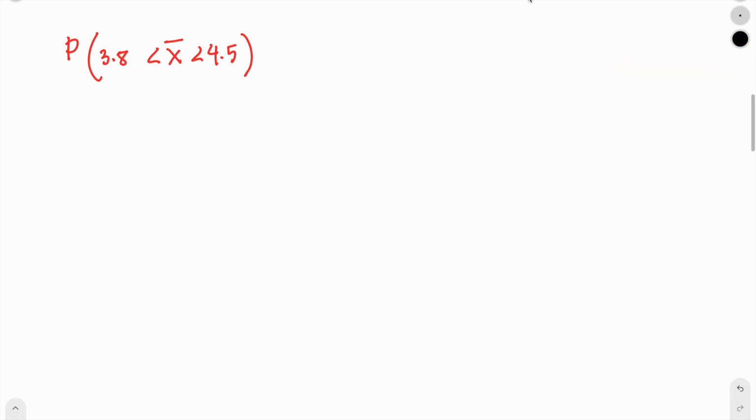So from here, we need to convert this to the probability of z something. You should look at your tables. But please recall, guys, what I told you during the face-to-face classes.